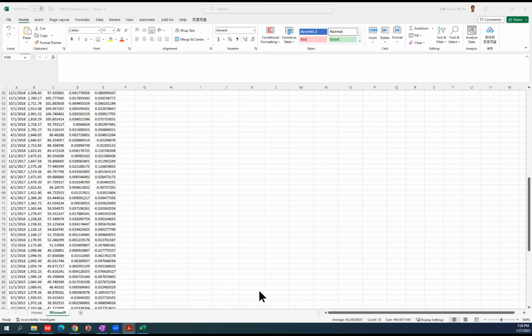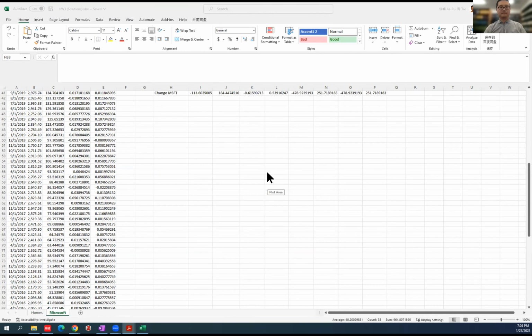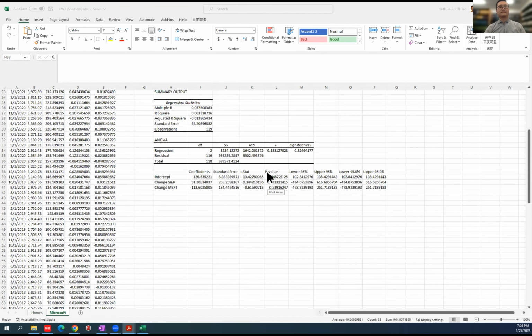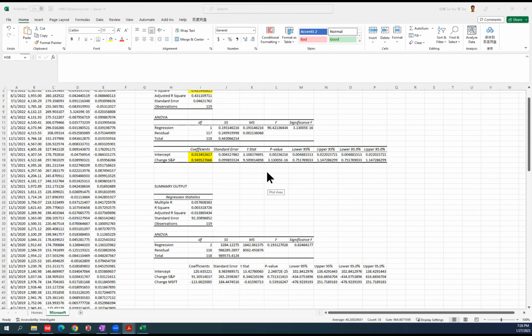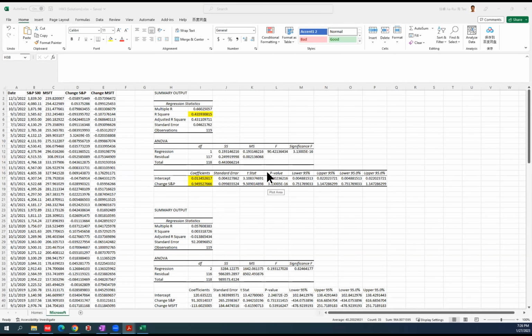Sure. So in my case here, my beta was 0.94. So for every 1% increase in the x-axis, which is the S&P 500, Microsoft, which is the dependent variable, will go up by 0.95, according to the model that I generated.